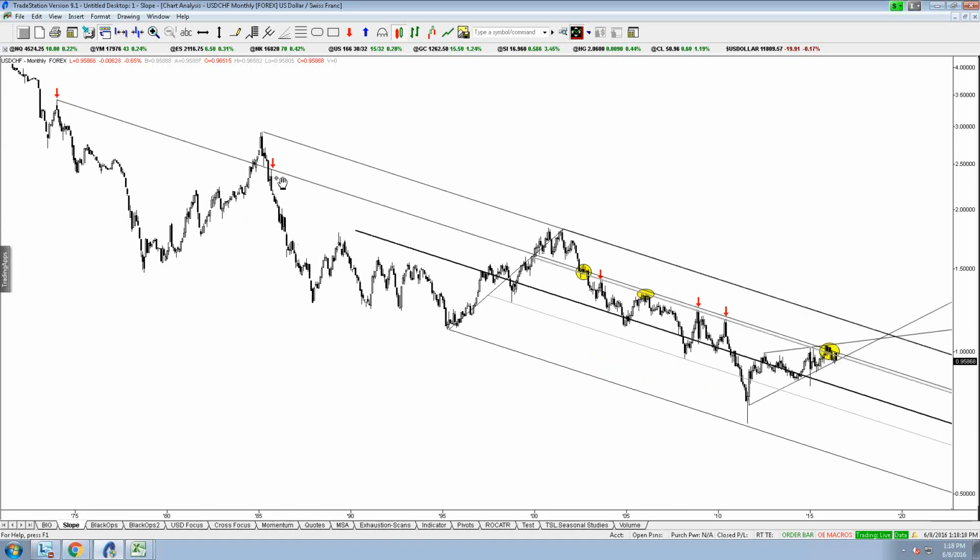We're going back decades, and the little bullish wedge that failed here could actually be part of a bearish wedge that's been going on since the low in 2011. In other words, dollar Swiss could end up trading all the way back down to the lows. Sounds crazy, but it's what I see on the chart.